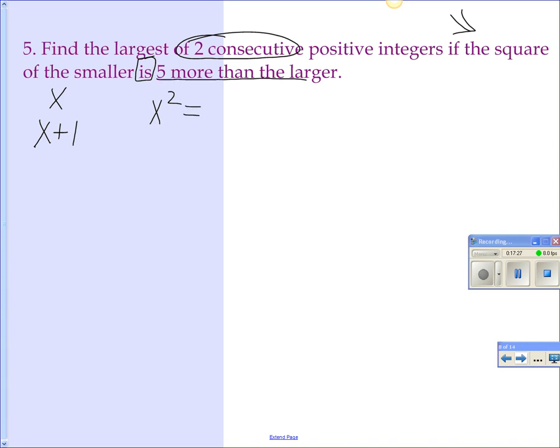Brandon, how do I do 5 more than the larger? Good. All right, Stephen A., what would I do next? So that would be x plus what? 6. Good. Madison, what next? Which 2? So I move them to the left, which makes them negative. Chase, what would I do next?